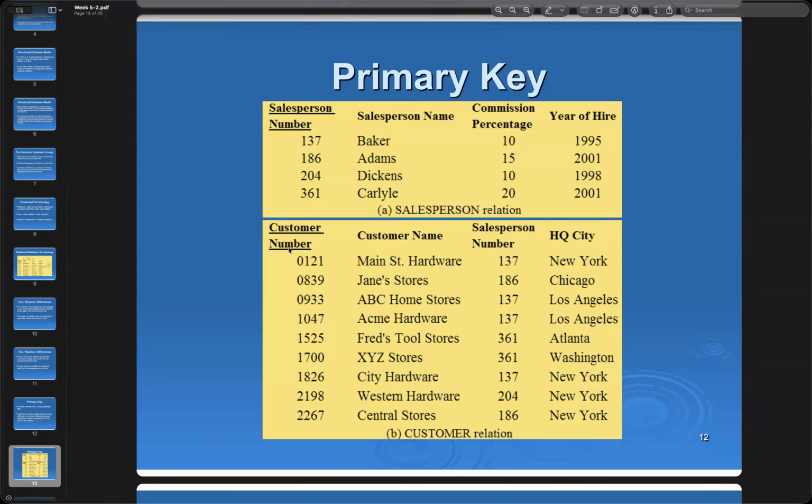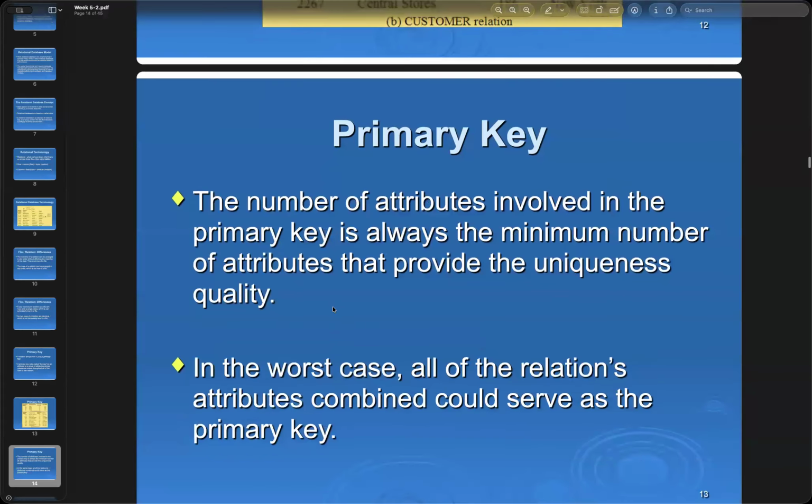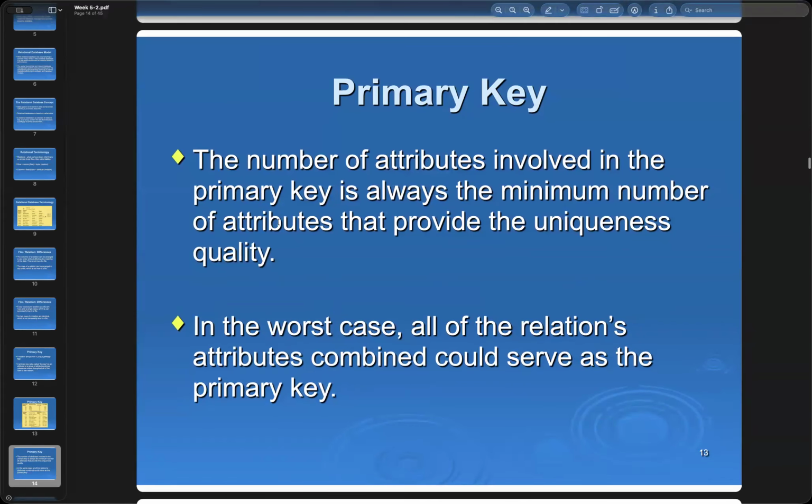Also in the customer relation, all the customer numbers should be unique, but the name, salesperson number, or headquarters city can be duplicated. The number of attributes in the primary key is always the minimum number of attributes that provides uniqueness.